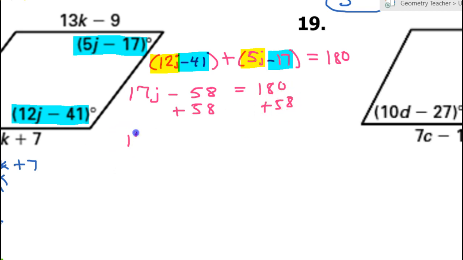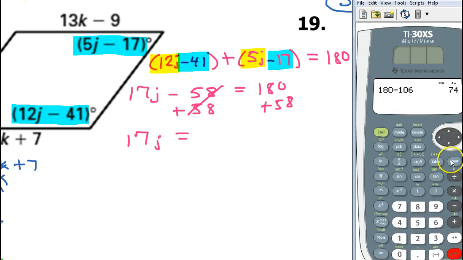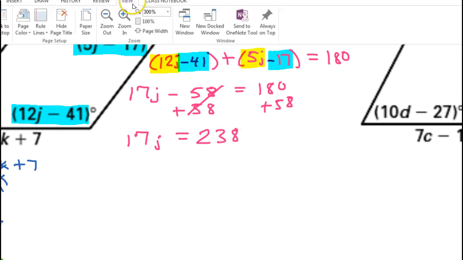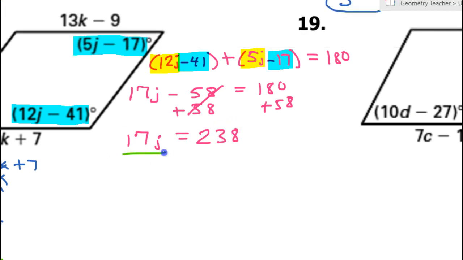So that will give me 17j, these are gone, is equal to 238. Time to divide both sides by 17.